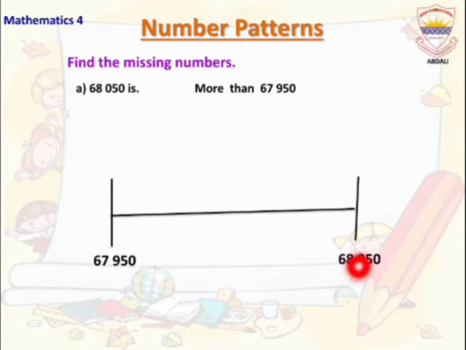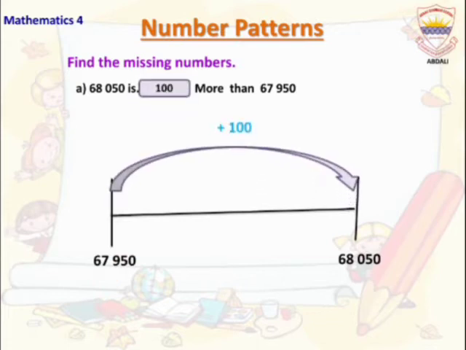Students, now compare these numbers. The difference in these numbers is at the 1,000 place and the 100 place. The 100 place is smaller, so what do we do now?